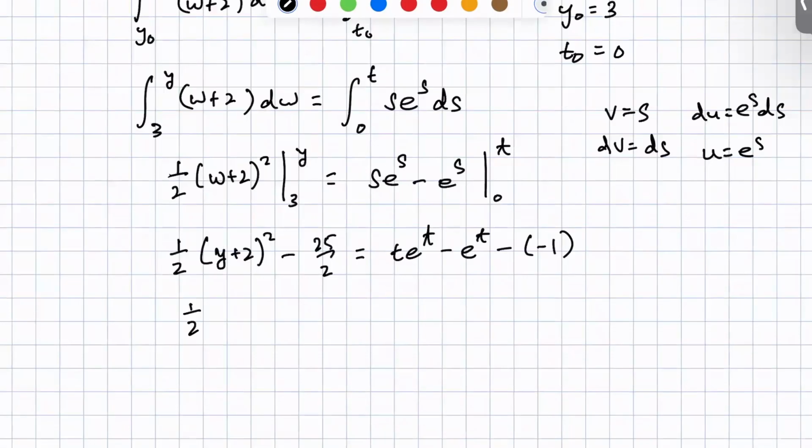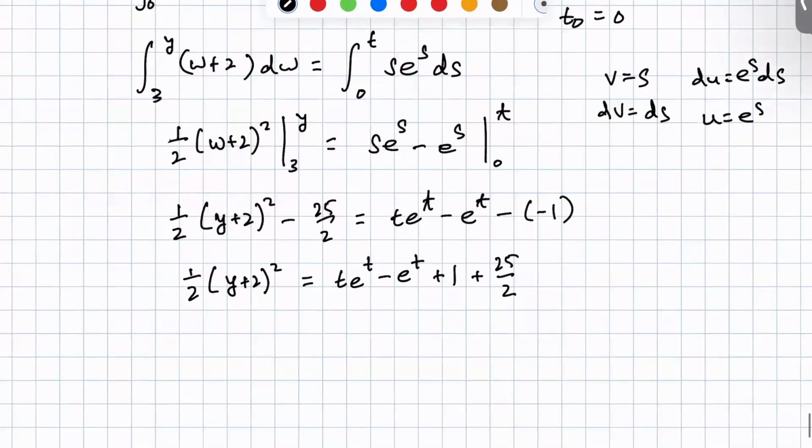So let's clean this up a little bit. 1/2 of y plus 2 squared. Let's move the 25 over 2 to the other side: equals t e to the t minus e to the t plus 1 plus 25 over 2. And then let's add those constants together: equals t e to the t minus e to the t plus 27 over 2.